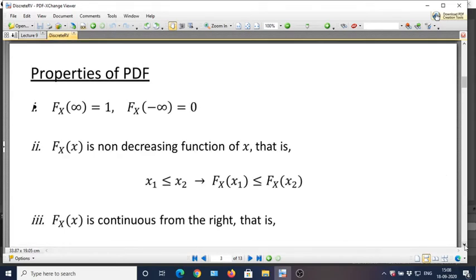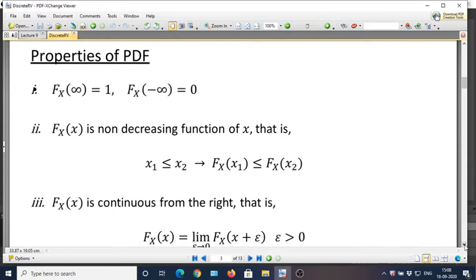Now, if we look at the properties of this probability distribution function or the cumulative distribution function, we see that these properties automatically follow. Property 1: F_X of infinity means we are talking about the probability measure of the event corresponding to the interval minus infinity to plus infinity.